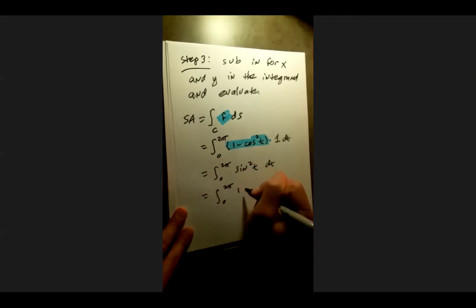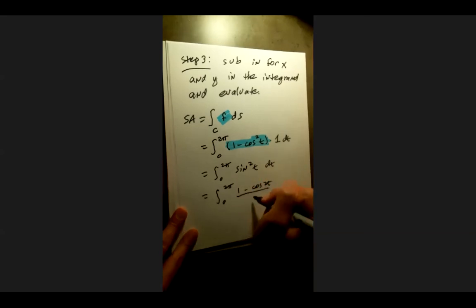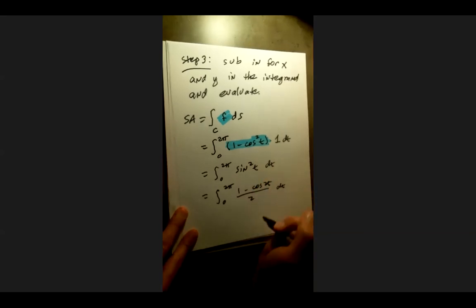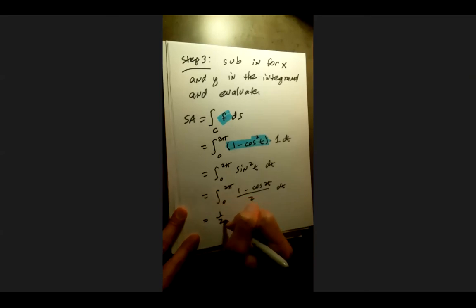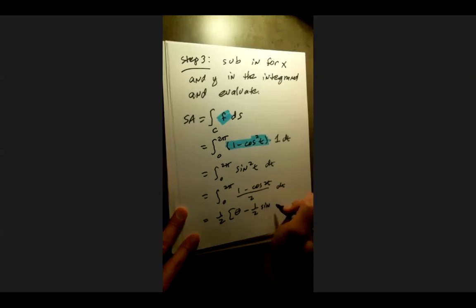Is this 1 minus cosine 2t? Yeah. So we're going to have 1/2 theta minus 1/2 sine 2t from 0 to 2 pi.